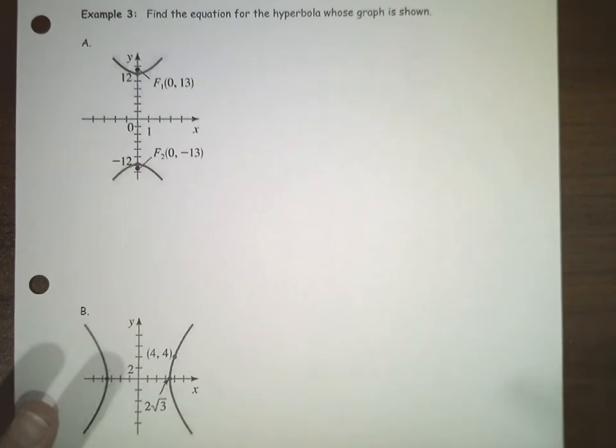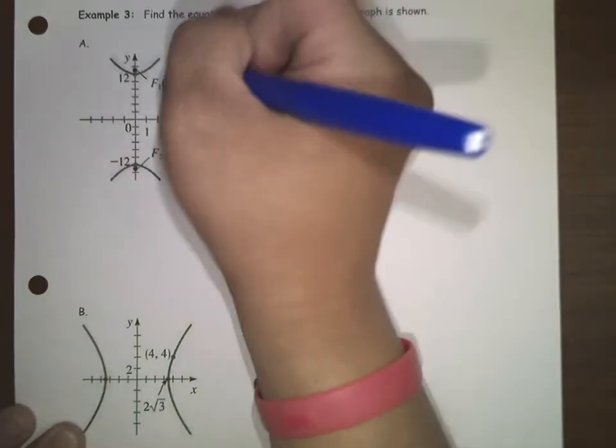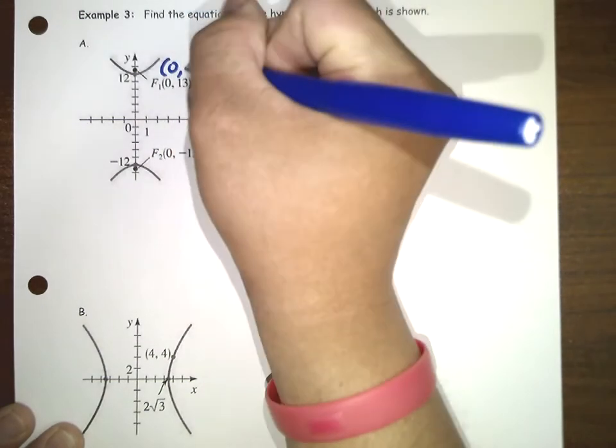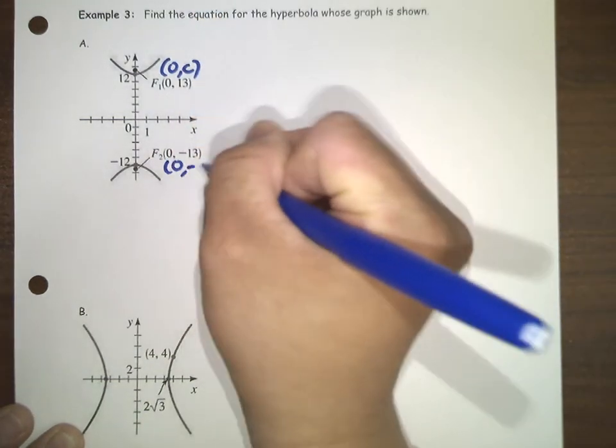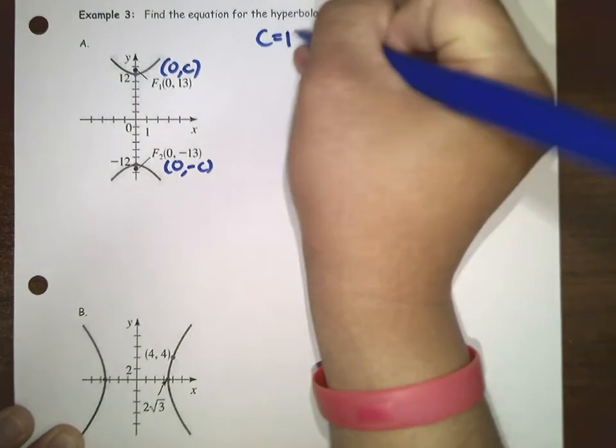So here you have foci at 0 and plus or minus 13. So (0, c) and (0, negative c). So c is 13.